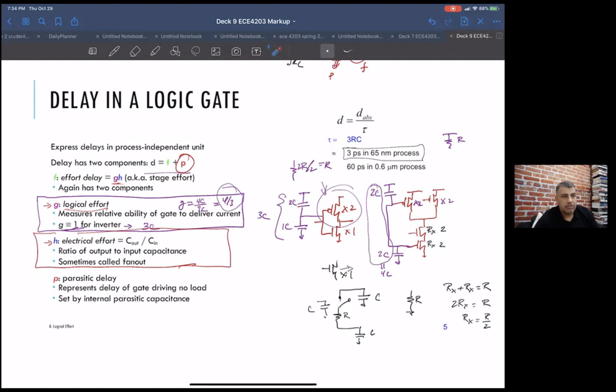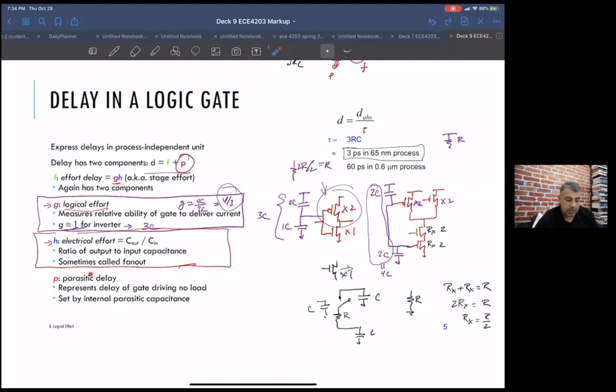You'll have to make the devices wider, so it'll create a bigger load for its inputs, and it'll have a bigger delay. So its G number will be higher accordingly. And then this value of H has to do with what kind of capacitance you're driving. And everything is ratioed here.